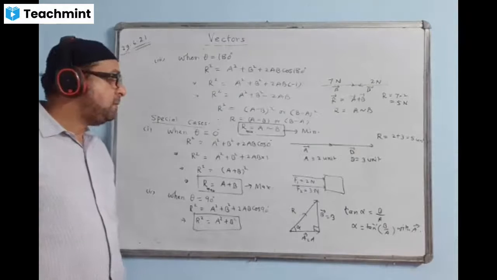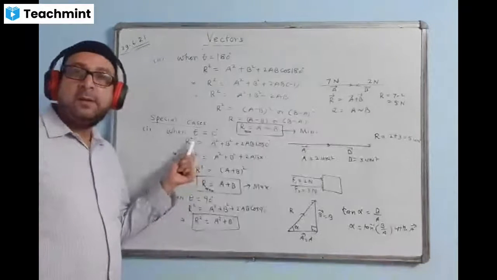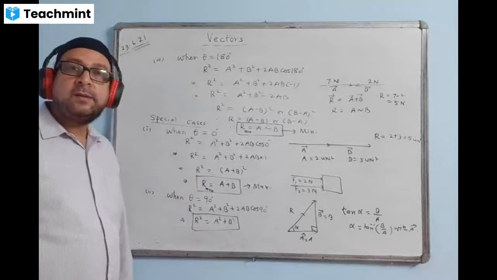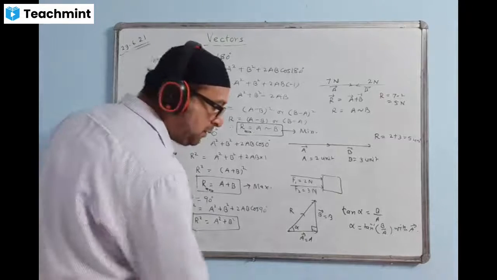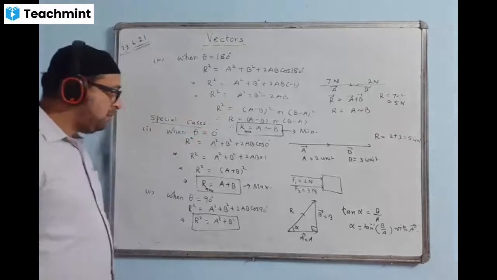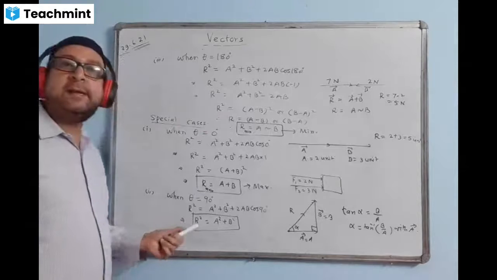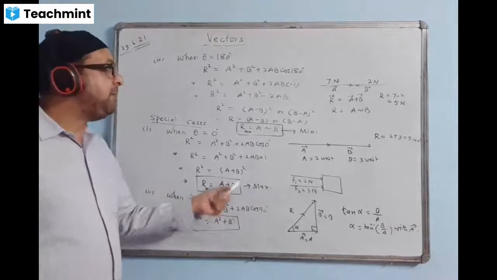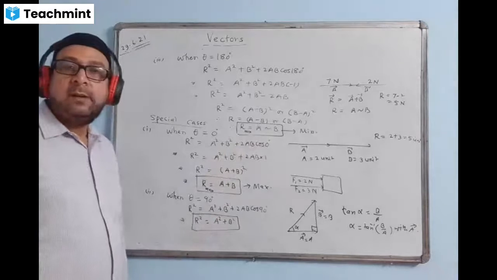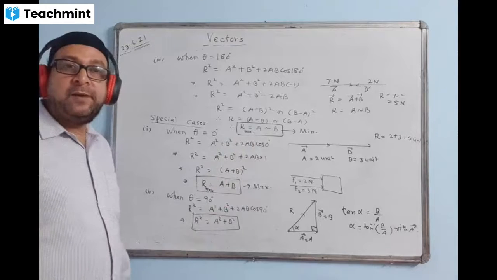Okay, understood? Please do respond. The second one is the intermediate value, the value in between. Maximum value will come A plus B and minimum value is A minus B. The resultant will lie between them.